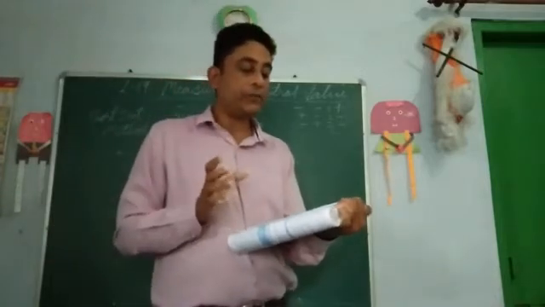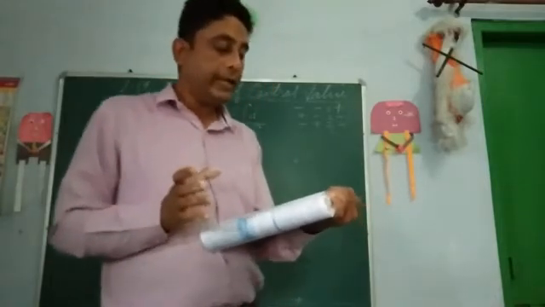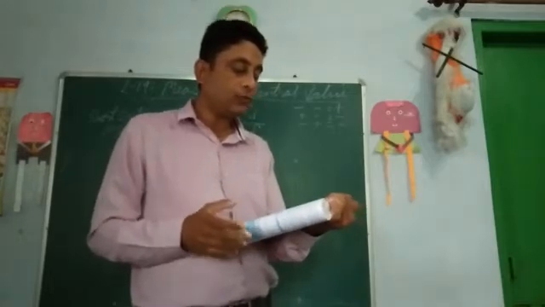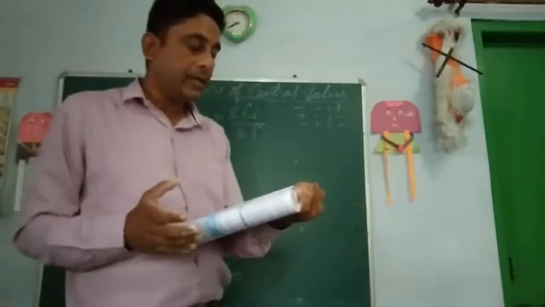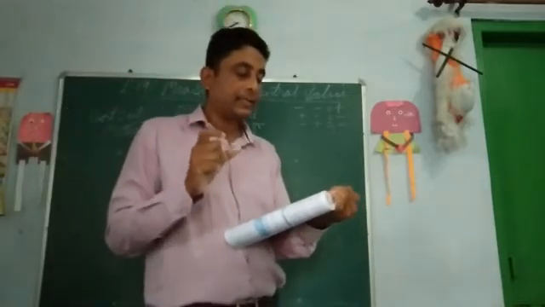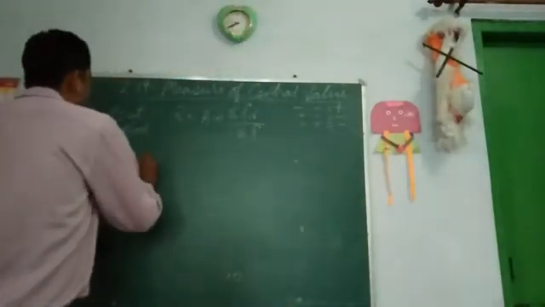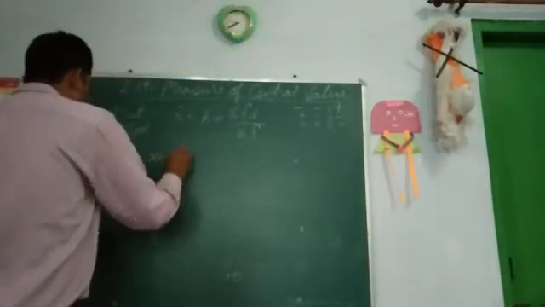Now deviation from the assumed mean. Here we have taken the assumed mean as 23. That is, d is equal to x minus a.